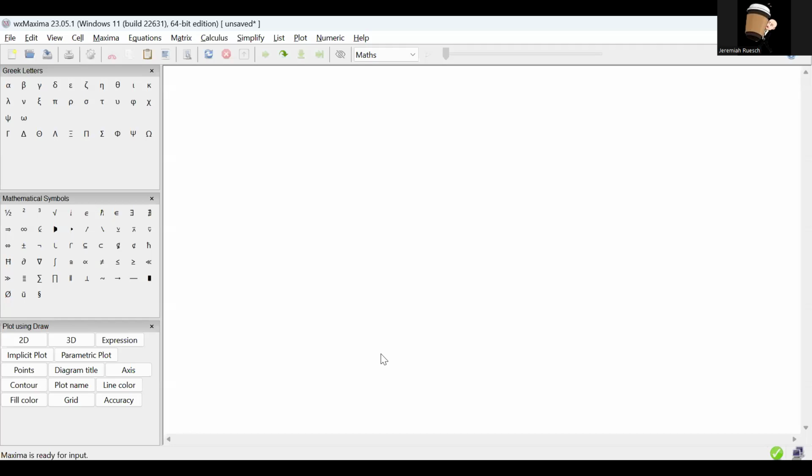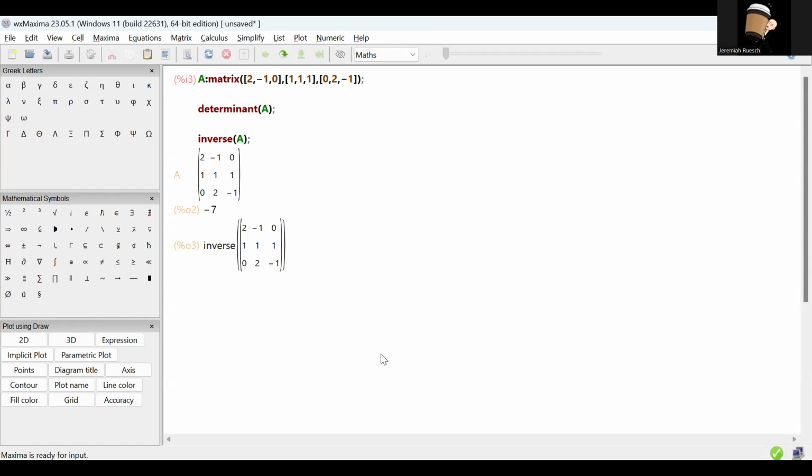All right. So we're going to go ahead and construct our matrix again in Maxima. We have the matrix 2, -1, 0, 1, 1, 1, and 0, 2, -1. In this case, we're looking for the inverse, so we can determine the determinant of A. If that's not equal to 0, then the inverse exists, and we can calculate the inverse by writing inverse of A. I think it might be invert.